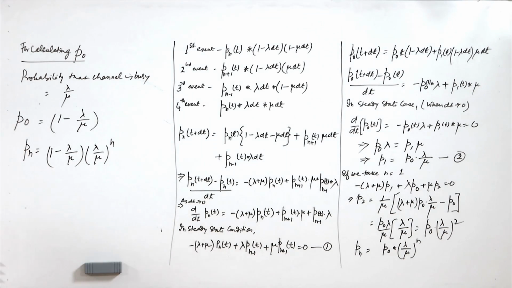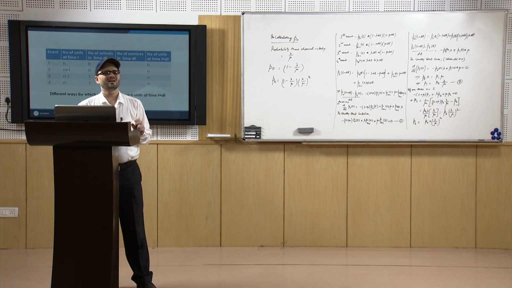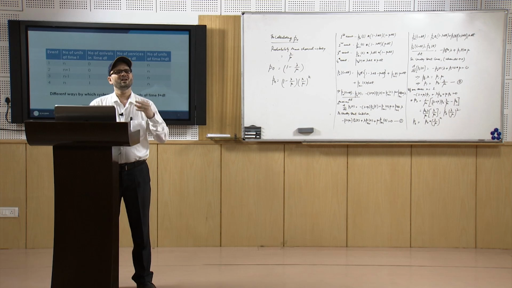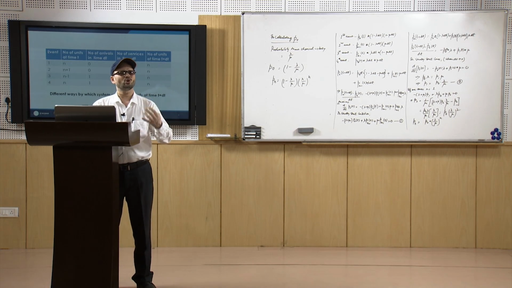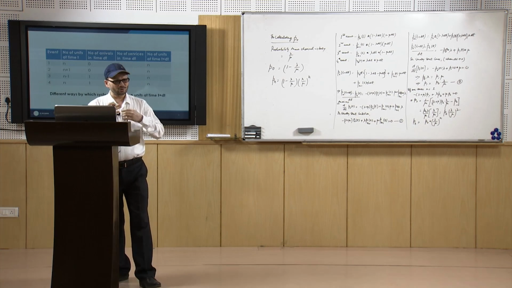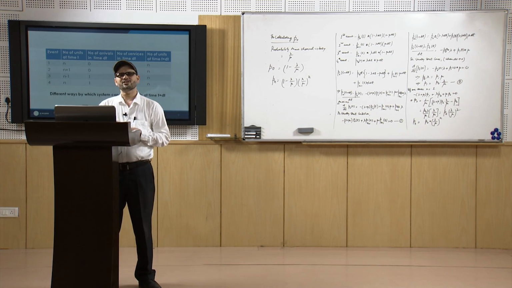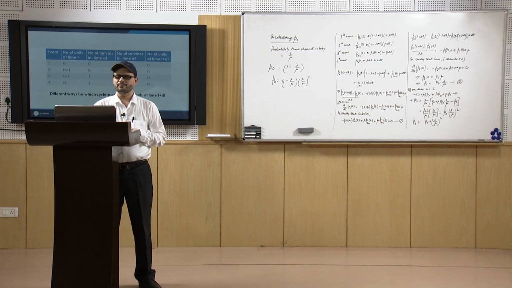So, this is how the probability of having n customers in the system can be found out if you know the arrival rate and the service rate. So, while solving the different types of queuing problems, if you know the arrival rate and the service rate, then you can find the steady state probability value for having n customers in the system at time t.